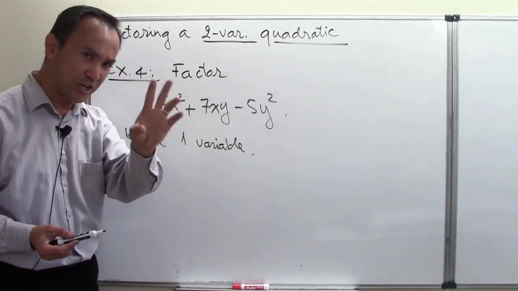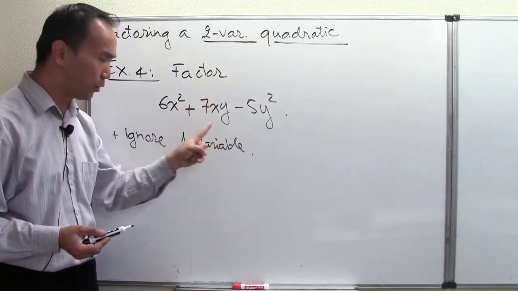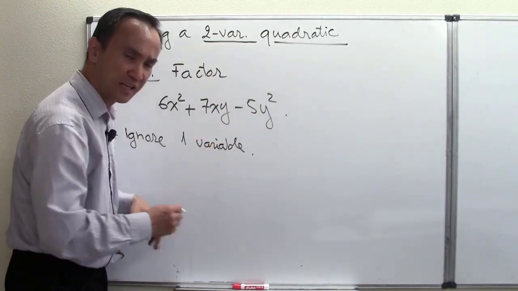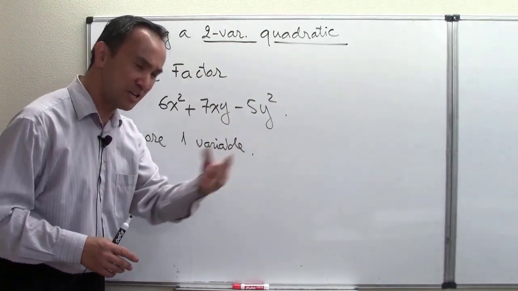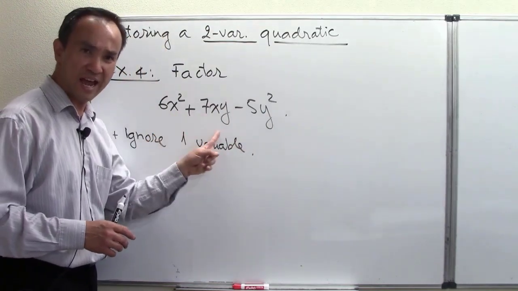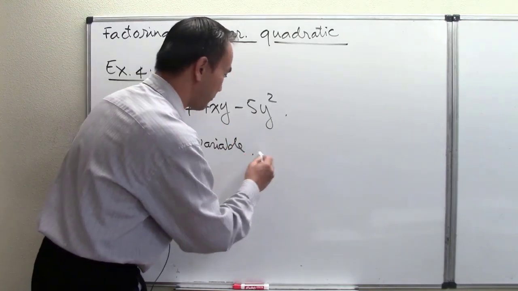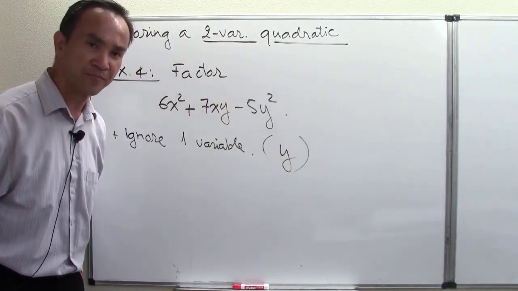So let's rewrite the quadratic as a one-variable quadratic by ignoring the other variable. Which one is the variable that we ignore? Your choice, really your choice. Just me, I commonly work with the x, so let's ignore y. In this problem, I ignore y. But you could have also done the same by ignoring the x.